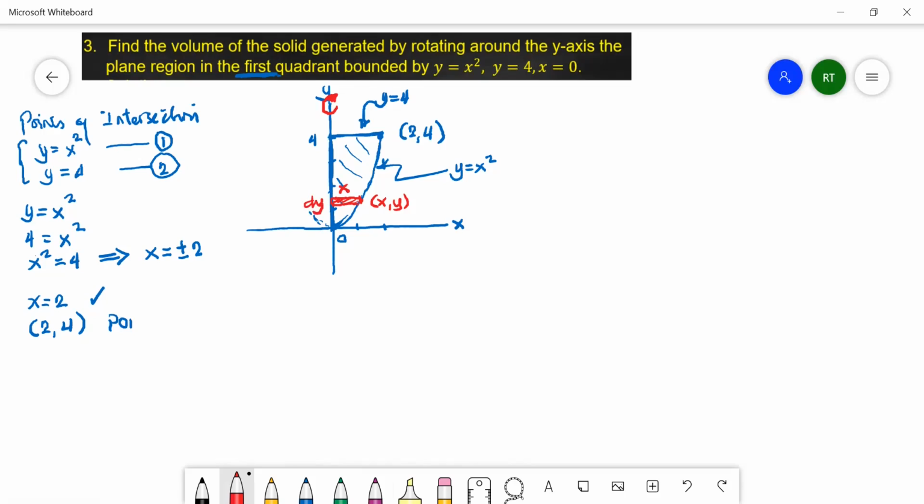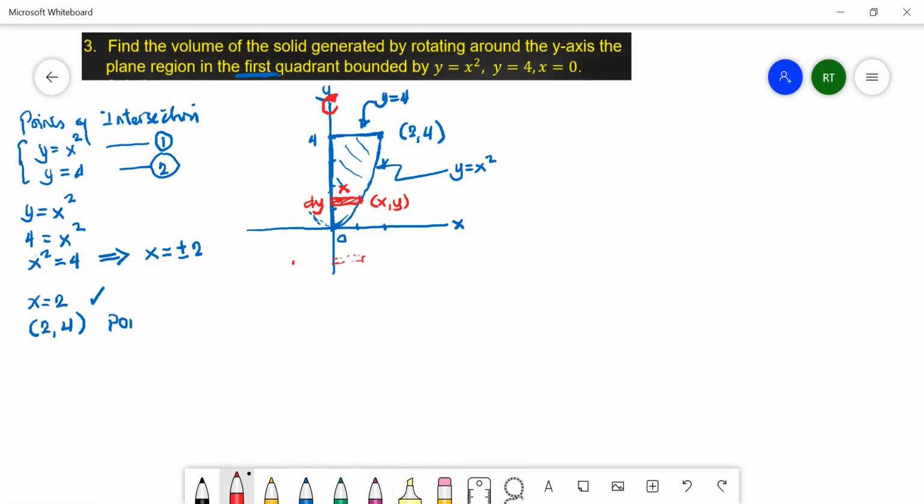Since we will revolve the region R about the y-axis, we also revolve the infinitely many rectangular elements about the y-axis. Considering this representative element, if we revolve it about the y-axis, we can form again a circular disc.